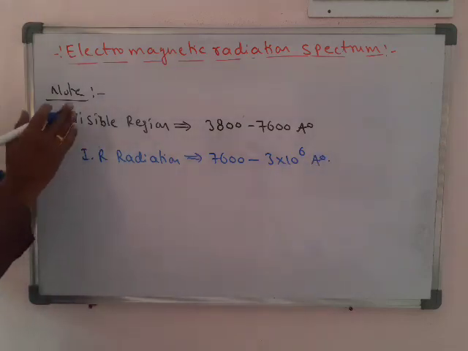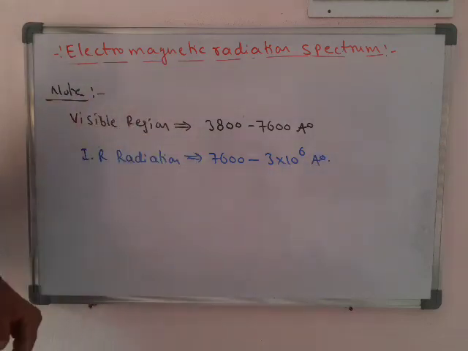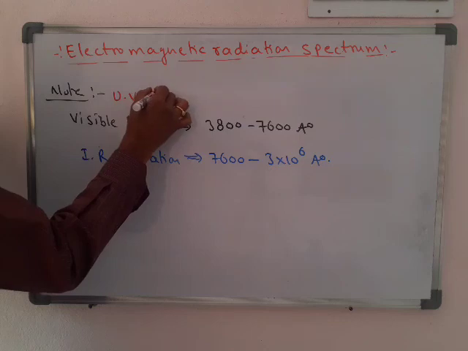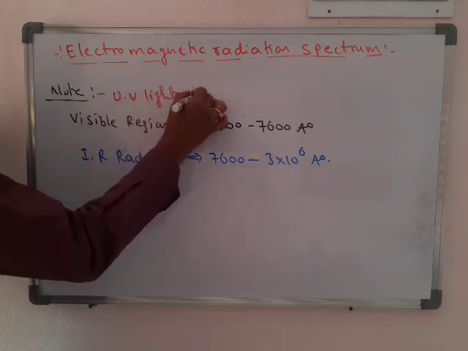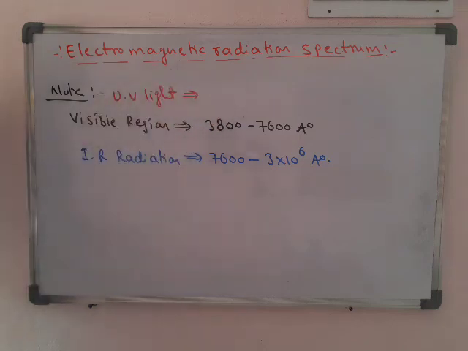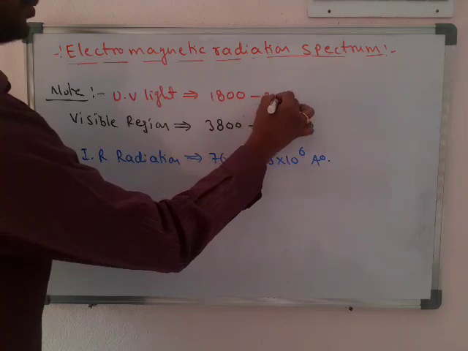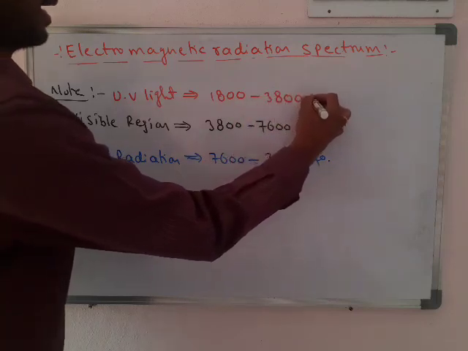We know that from left to right the values increase. Next, ultraviolet light is somewhat less, approximately 1800 to 3800 angstroms.